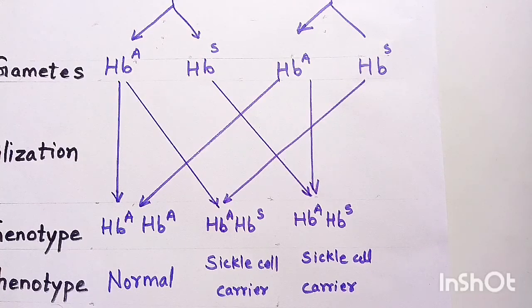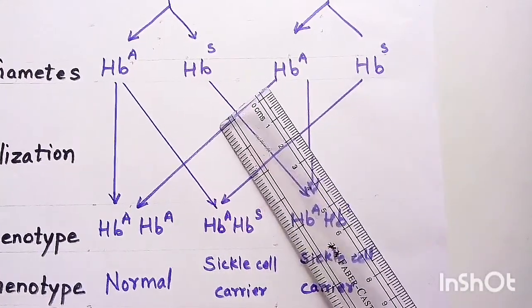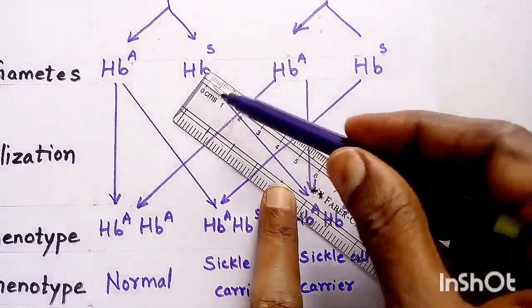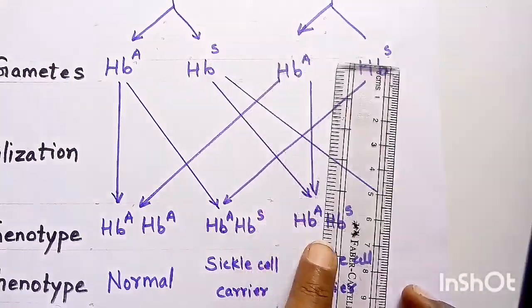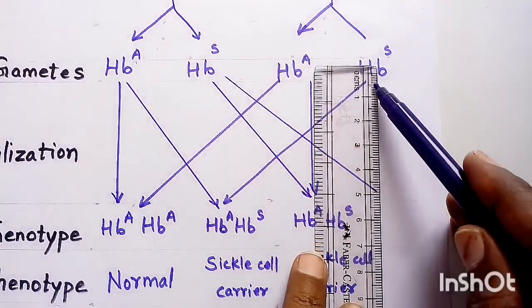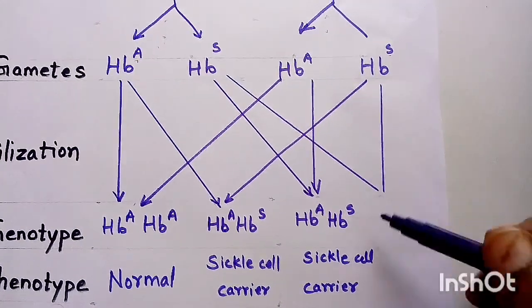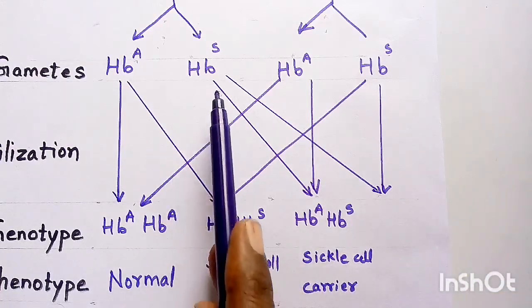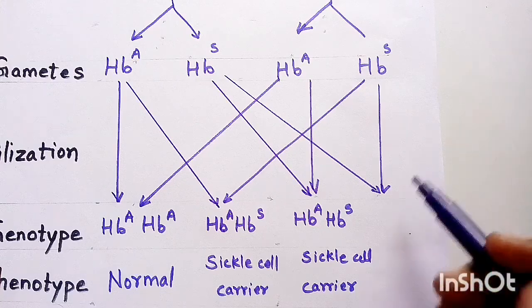Now the last one is remaining. We have to cross this gamete with this one. This is one gamete, and we have to cross it with the other one. Now we have to mention its genotype and phenotype. What is the genotype of this? HbS, and this also HbS.